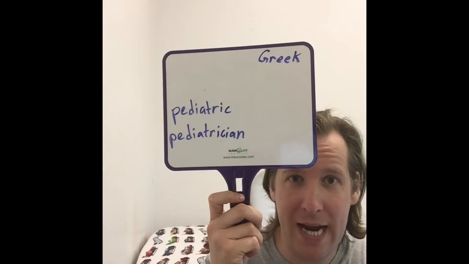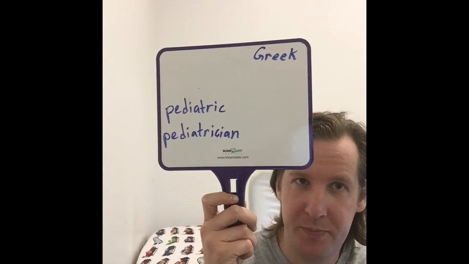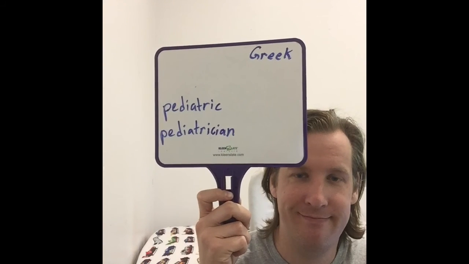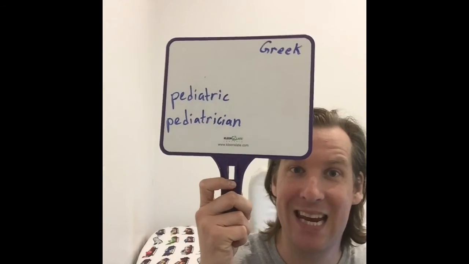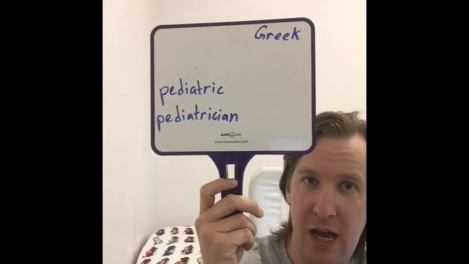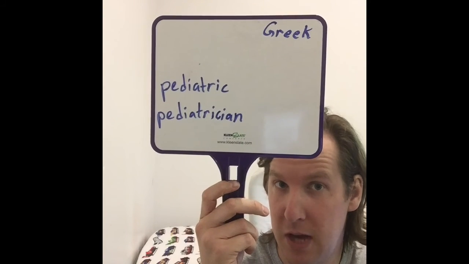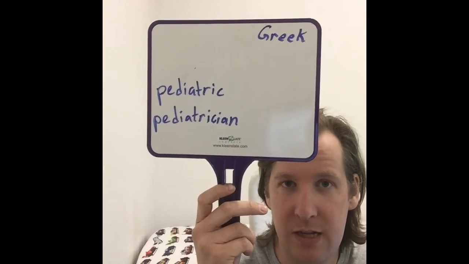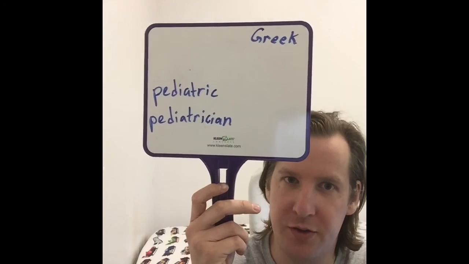The pediatric wing of a hospital has kids there that are getting better, or babies being born, all sorts of good stuff. A pediatrician is a doctor who specializes in children. So you have a pediatrician that you go to see. All kids see kid doctors, pediatricians.